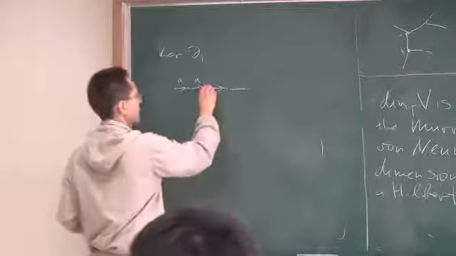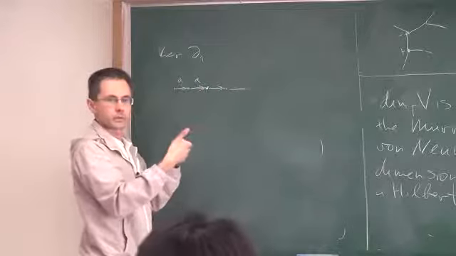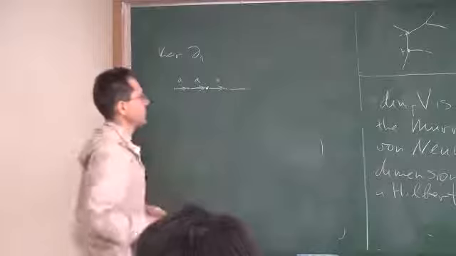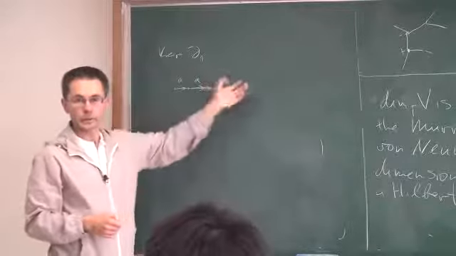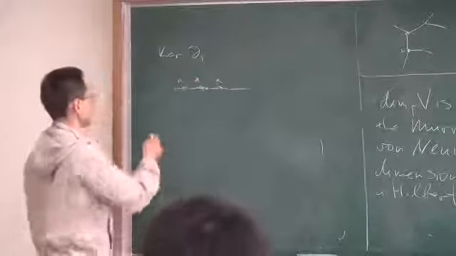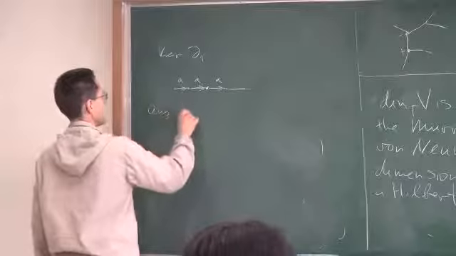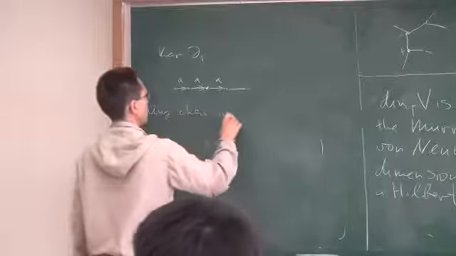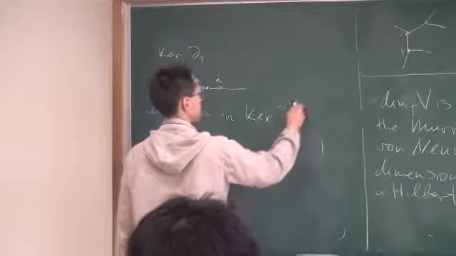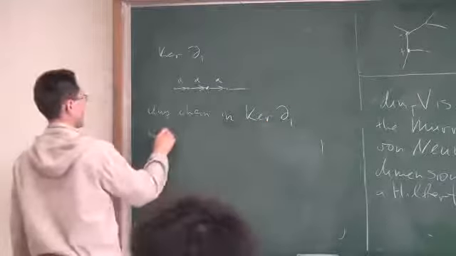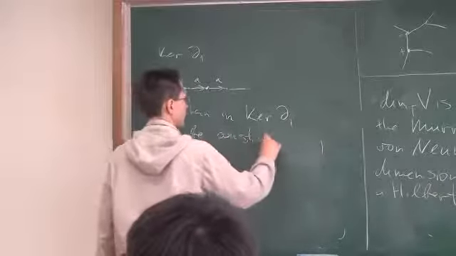The total contribution of these two edges to this vertex should be 0, so the value on the next edge also must be a, and so on. That implies that any chain in the kernel of D1 must be constant. Exactly.